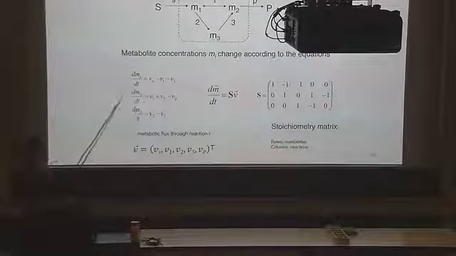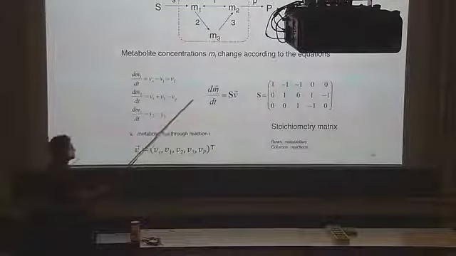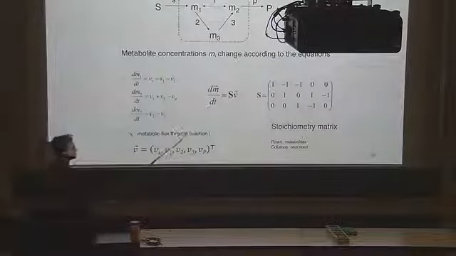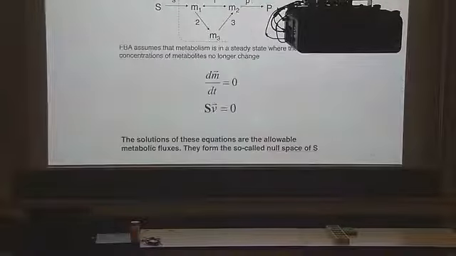Then we can solve these equations under different constraints and conditions. We might say, for example, I am interested in maximizing growth, and then solve this set of equations with appropriate methods such as linear programming. There are many assumptions in doing this. One of them is that the system is in equilibrium, so there's a steady state, dm/dt equals 0. But just one point: if you're interested in doing calculations on graphs, check flux balance analysis.